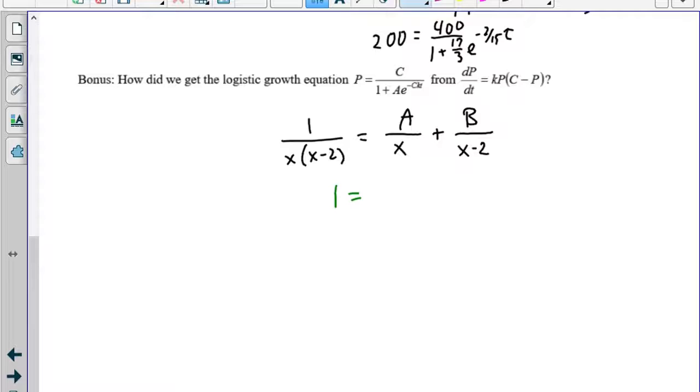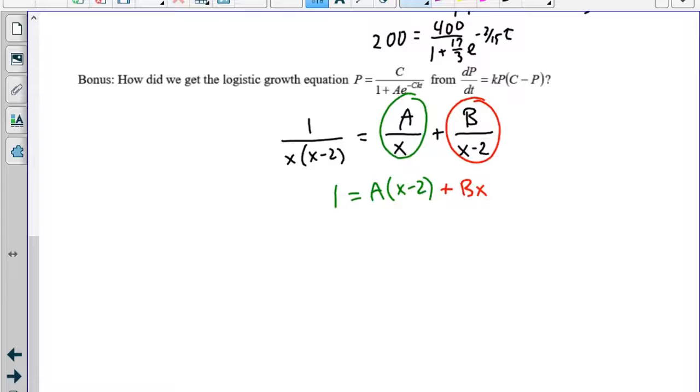When I multiply through by x times (x minus 2) in the whole problem, that goes away. This term becomes a times (x minus 2), and this term becomes b times x.